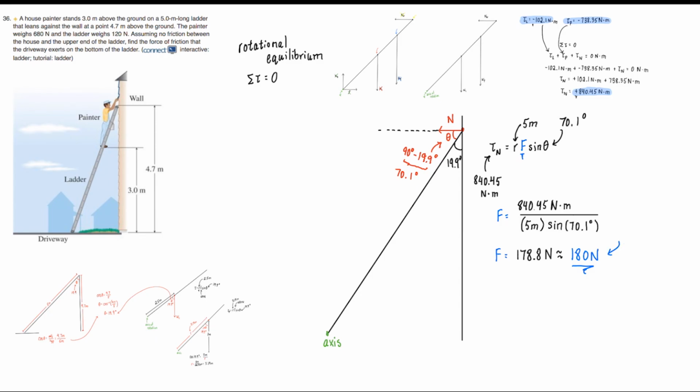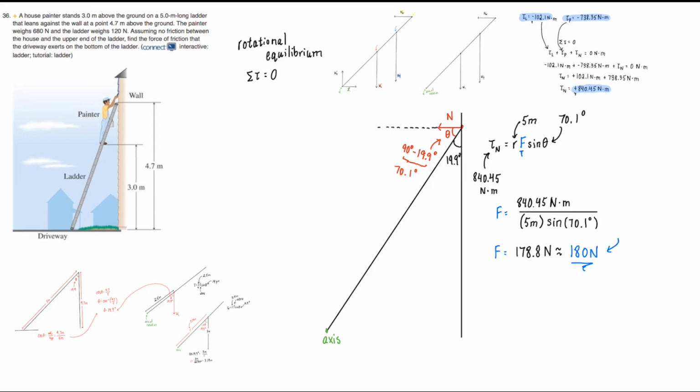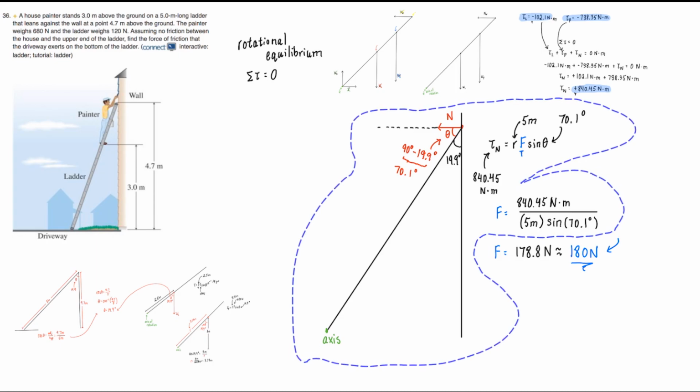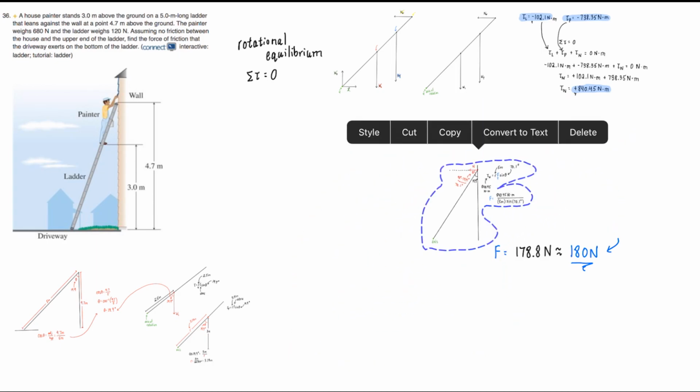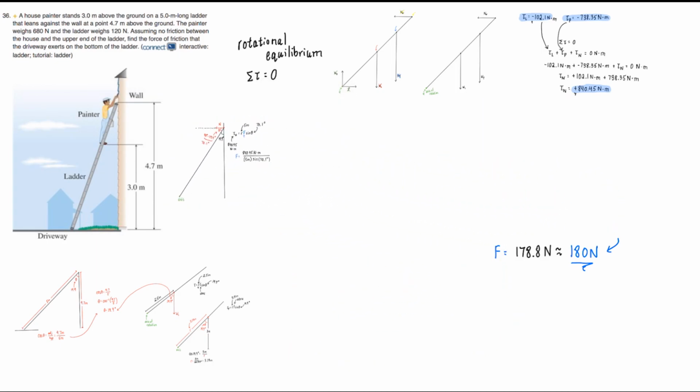And the reason why those two forces are equal is because, so I'm actually going to repost the diagram with all the forces drawn in. So here we have the ladder with all of our forces. Let's look at this from a translational motion perspective.